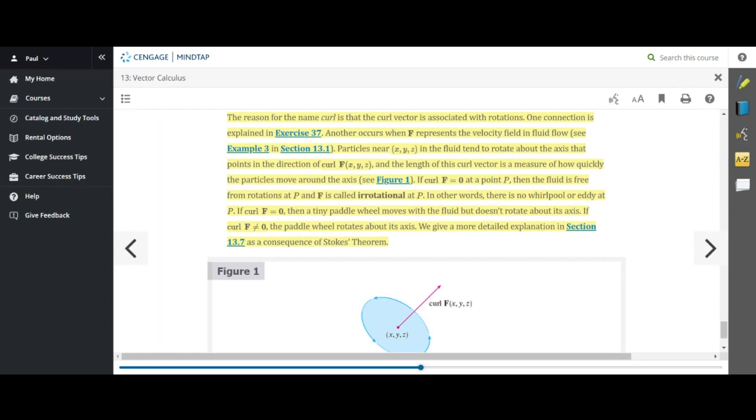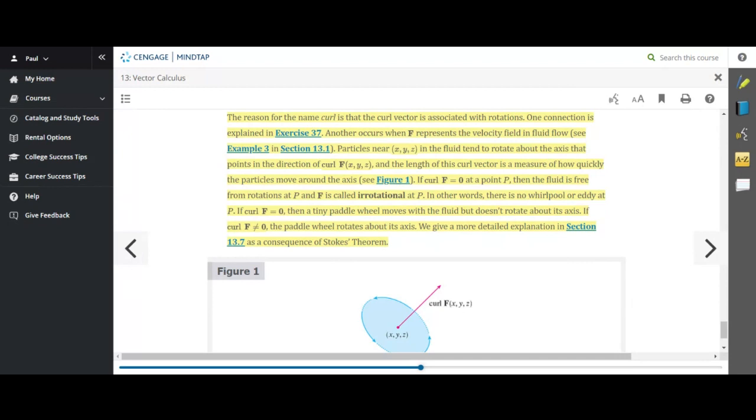Gravity is not causing you to spin around, right? If you just look at the effect of gravity on your body, it doesn't cause you to spin around. That's something else that causes that, like wind or something. So the gravitational field is irrotational. There's no whirlpool or eddy at any point in the gravitational field.